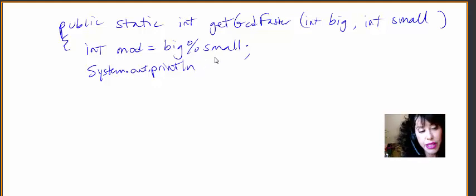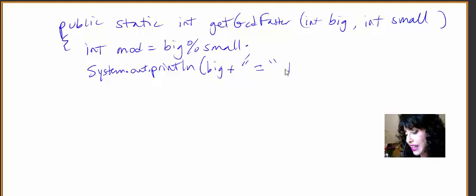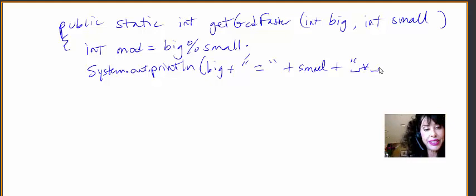So we're going to do a System.out.println, big, concatenator, and then we're going to have an equal sign with spaces on either side of it, concatenator, small, concatenator, and then we want it to look pretty. We'll have an asterisk. If you want, you could put a space on either side of the asterisk so it looks kind of nice.